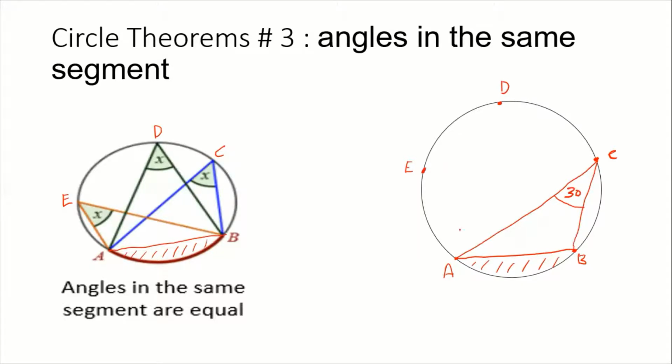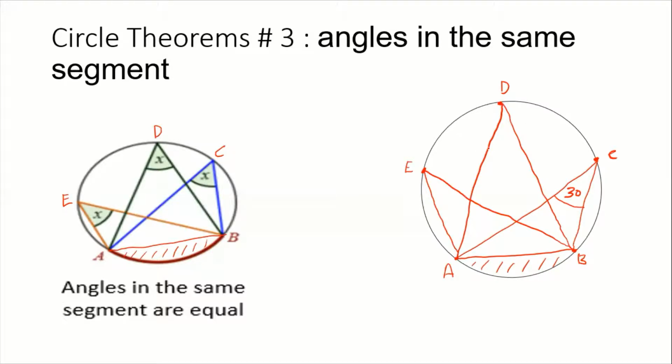Then you have other lines coming from A all the way up to D, and lines from D coming back down to B. Also, you have a line from E to A, and then one from E right back to B. Now you could be asked to determine the angle at D and the angle at E.